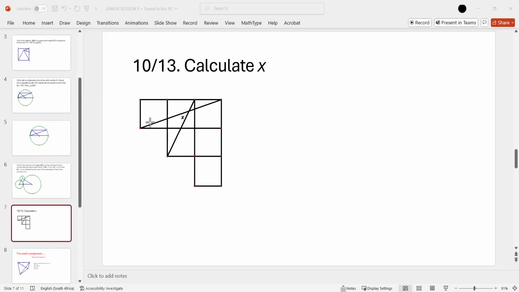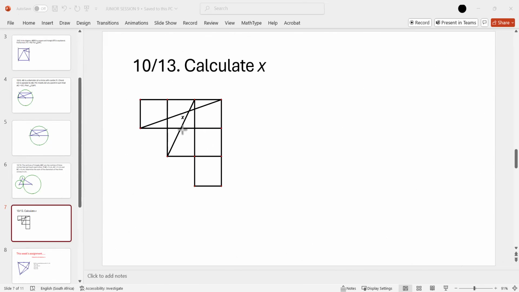I've got that this diagonal here is a diagonal of a 3x1 rectangle. Just observe that. And this diagonal here is a diagonal of a 2x1 rectangle. And these rectangles are made up of squares. Okay.